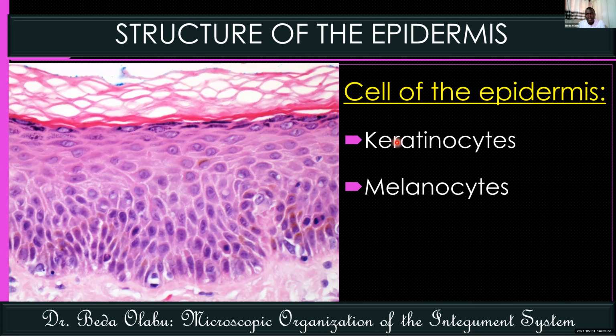The second most abundant of the cell types are known as melanocytes. The melanocytes of the skin are the ones that secrete the skin pigment. The pigment is called melanin, which helps in absorption of UV light.